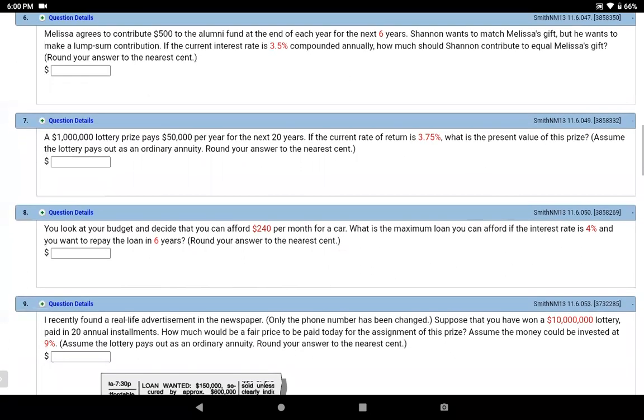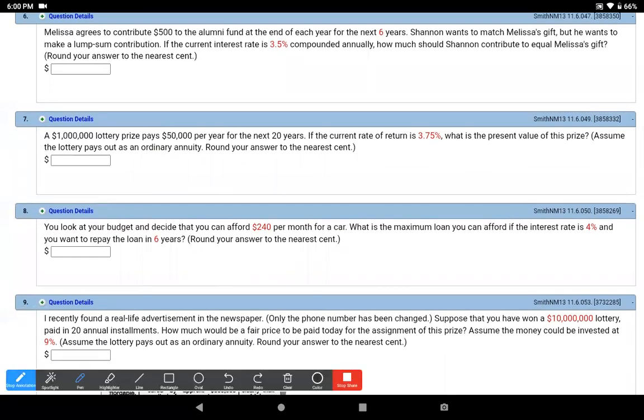Okay, so I'm just going to collect some items, right? We've got a payment of 500 every year for 6 years for a total of 6 amounts.